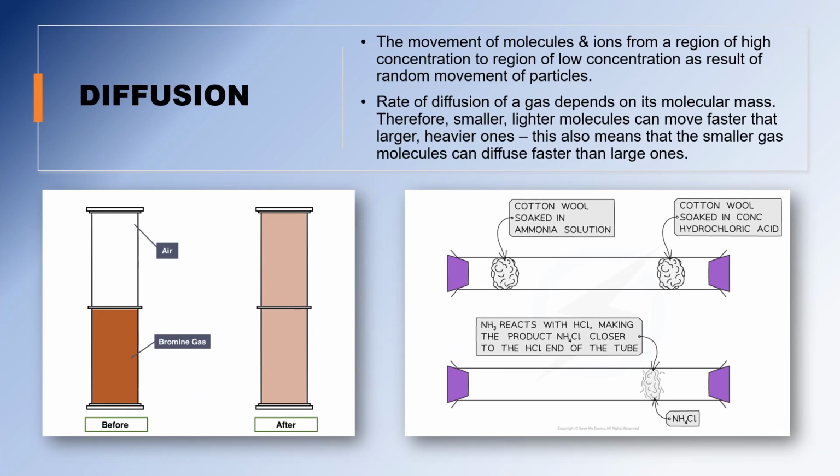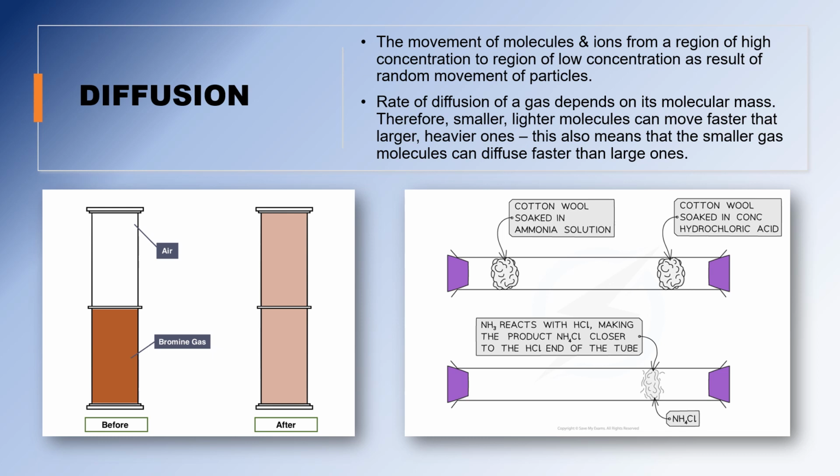Now, diffusion is the movement of molecules and ions from a region of high concentration to a region of low concentration, down the concentration gradient, as a result of the random movement of particles. You must remember that the rate of diffusion of a gas depends on its molecular mass.